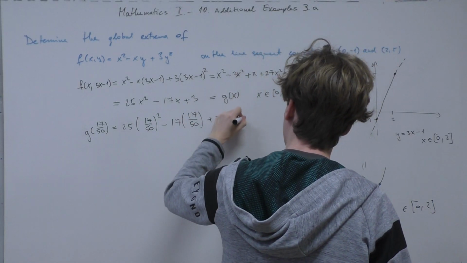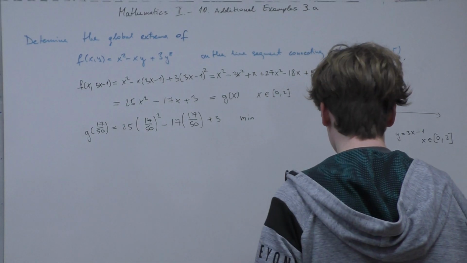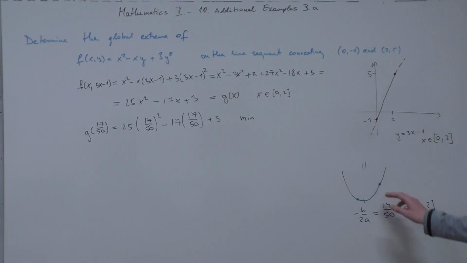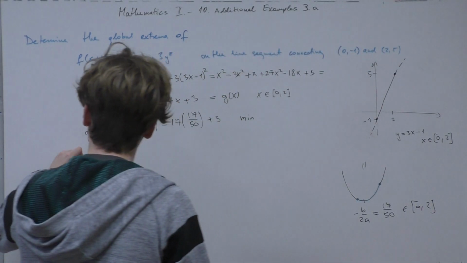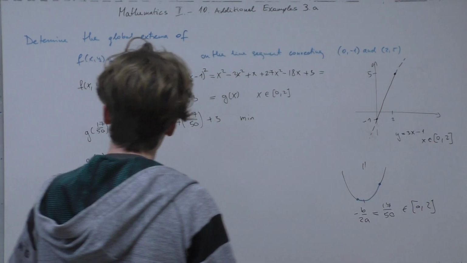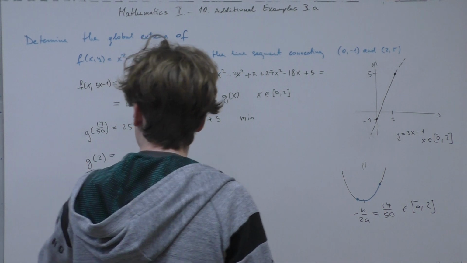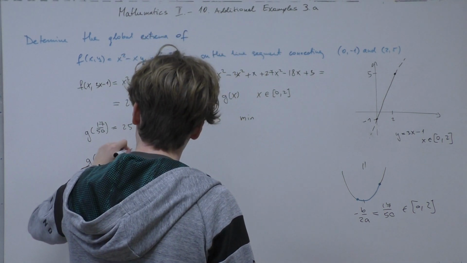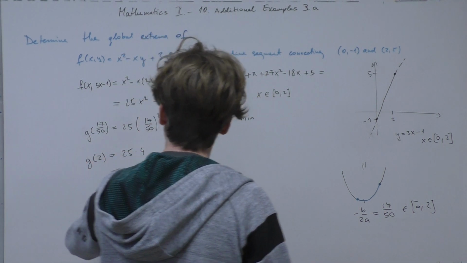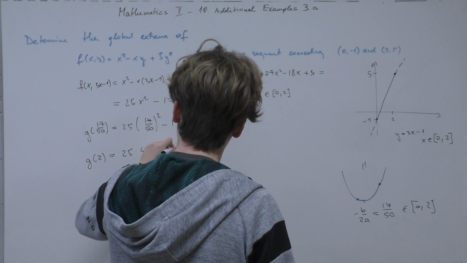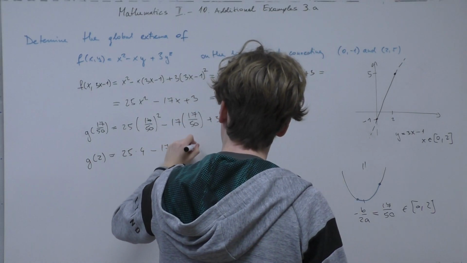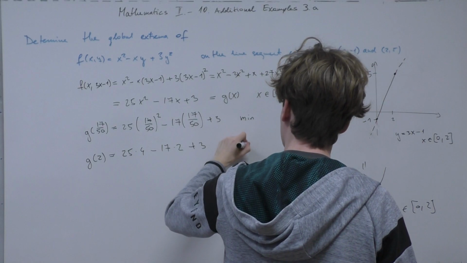So this is the minimum value, and the maximum value will be at 2, so we also have to calculate g at 2, and this is 25 times 4 minus 17 times 2 plus 3, and this will be the maximum.